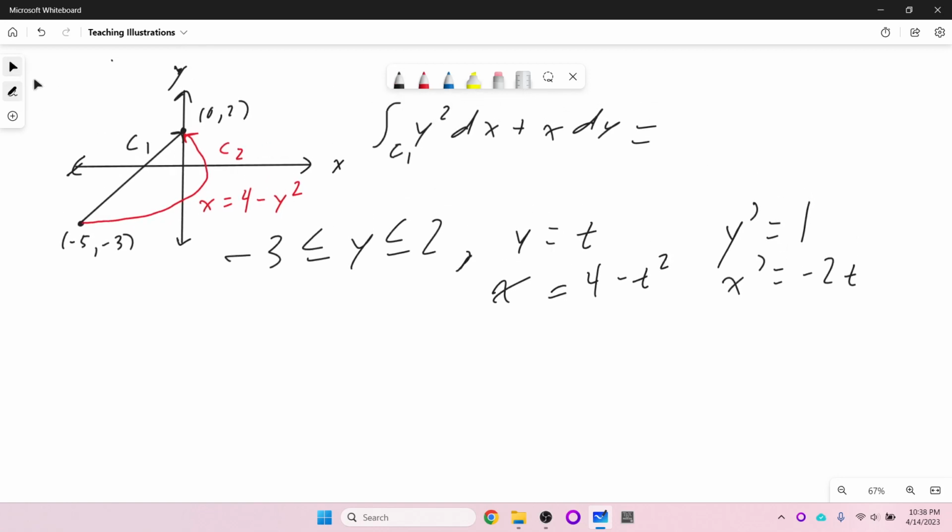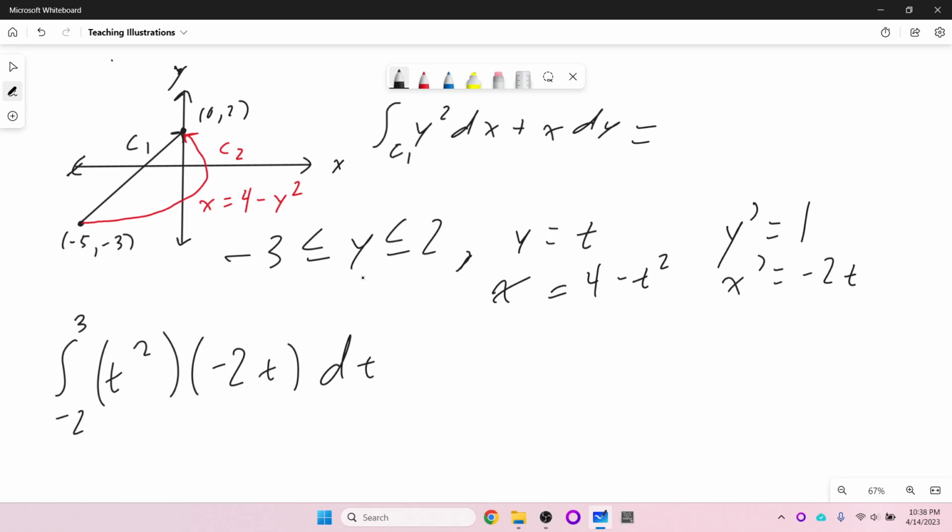So then when we want to do this integral, it would be the integral of y squared, which is just t squared, times dx. x prime is negative 2t, so negative 2t dt. And t goes from negative 2 to 3.